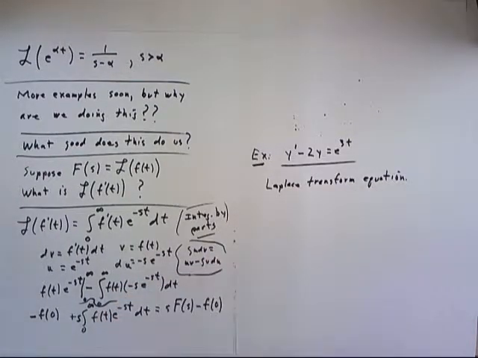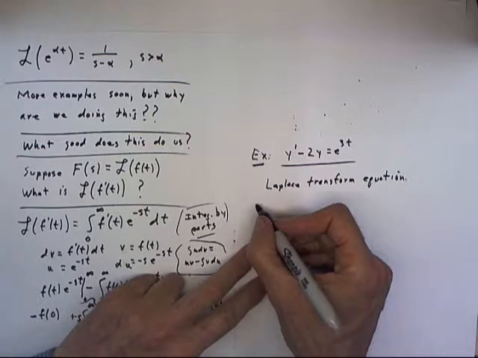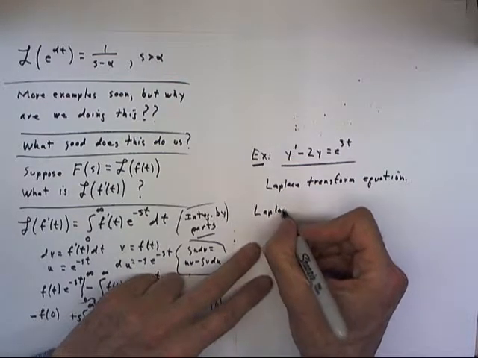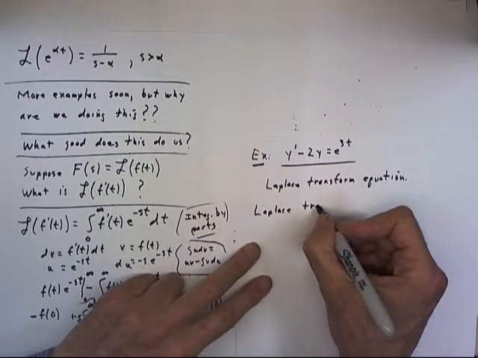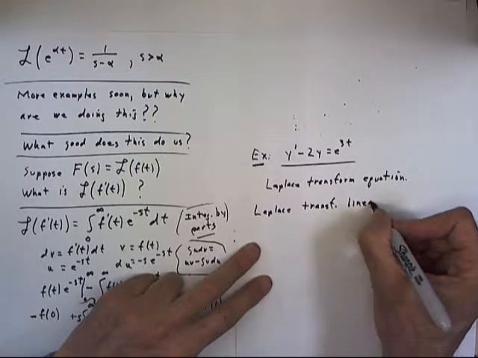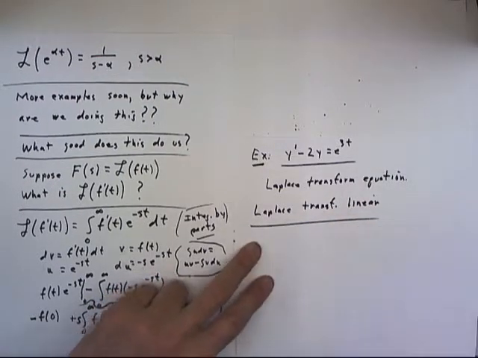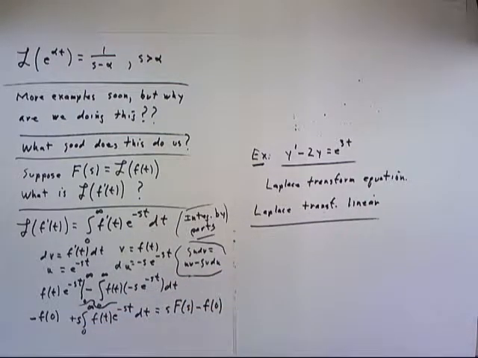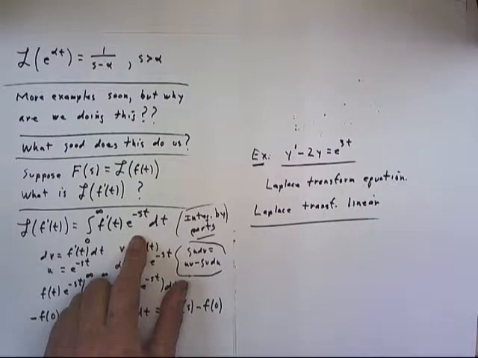Now, one thing that we're going to need, the Laplace transform is linear. I haven't proved that, but it's a very almost trivial consequence of the fact that this integral is linear.